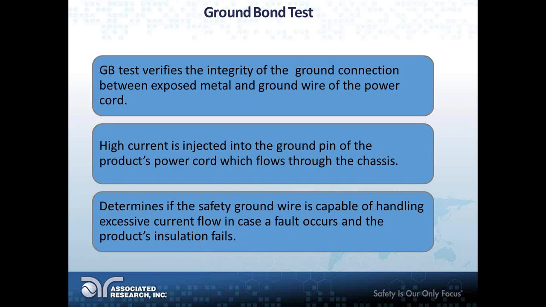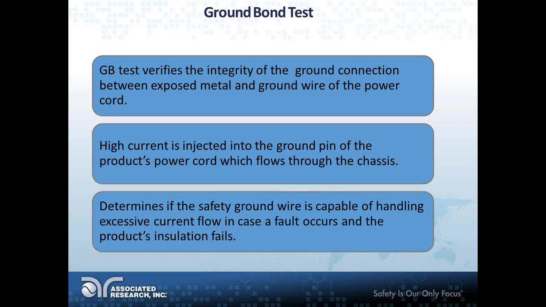Okay, next, the ground bond test, very similar to a ground continuity test in the sense that it is also applicable for Class 1 products only that do have a ground pin or a ground connection. This test does a little more than the continuity test.